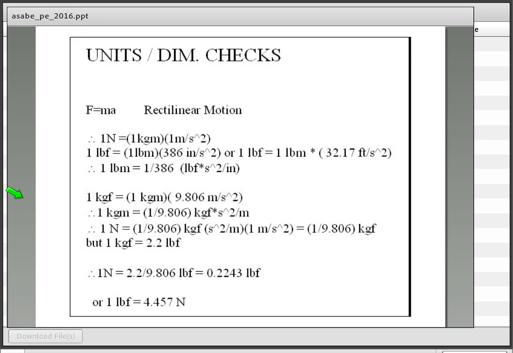This is one thing here that I usually have to wrestle with my students a little bit to get them to recognize the difference between mass and weight.